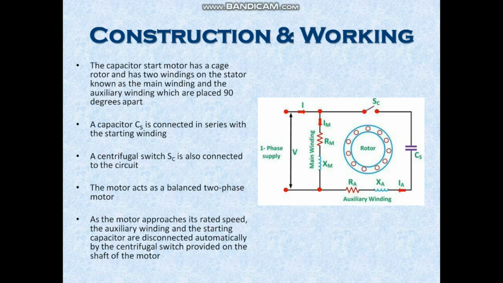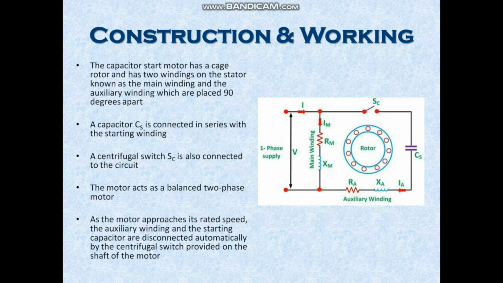The capacitor start motor has a cage rotor and has two windings on the stator known as the main winding and the auxiliary winding, which are placed 90 degrees apart. A capacitor is connected in series with the starting winding. A centrifugal switch is also connected to the circuit.